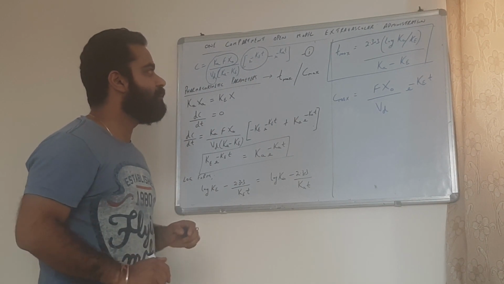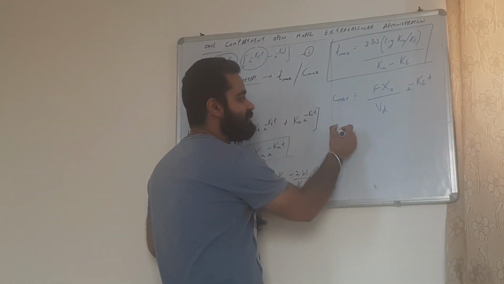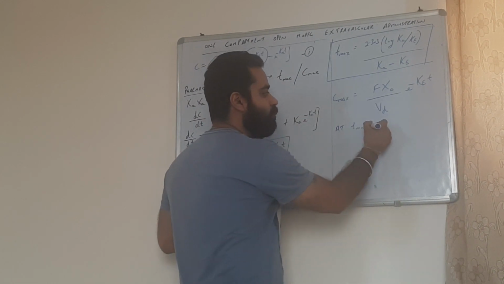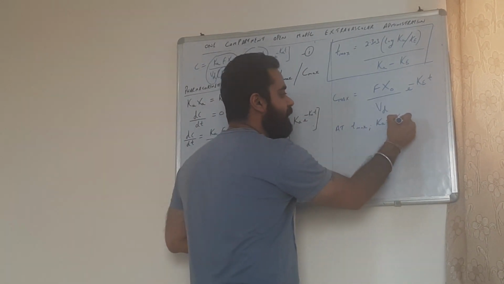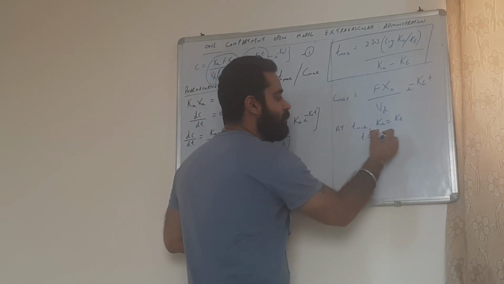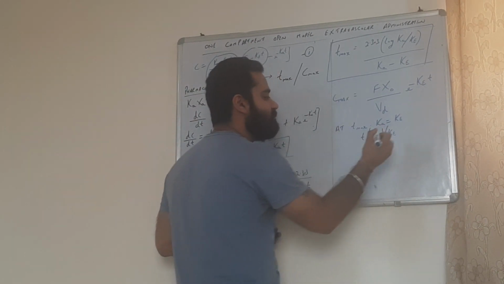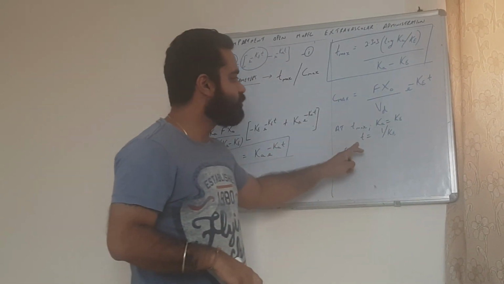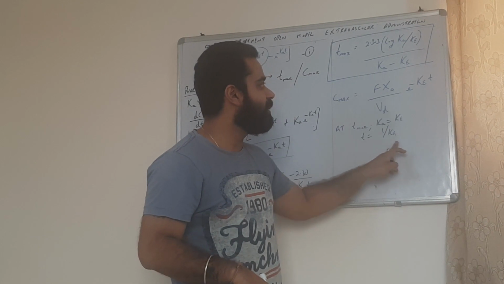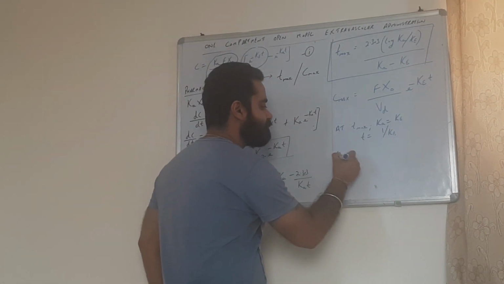Now let us simplify this further, because what happens is that at Tmax we know that Ka is equal to Ke, and also t is equal to 1 upon Ke. This has been done previously also. t is equal to 1 upon Ke. Now substituting this value of t by 1 upon Ke, what do we get?